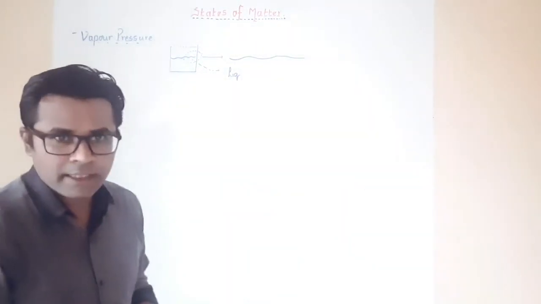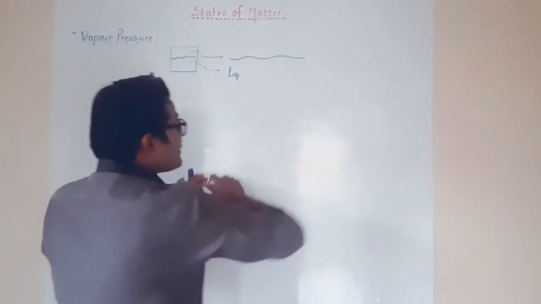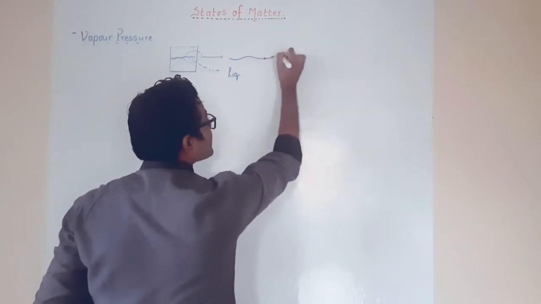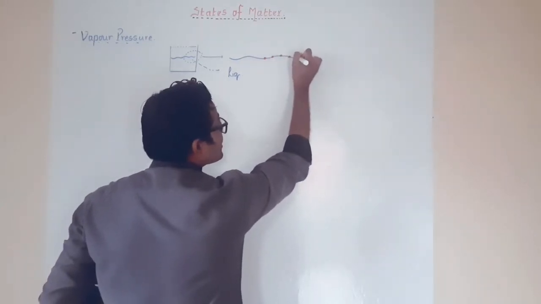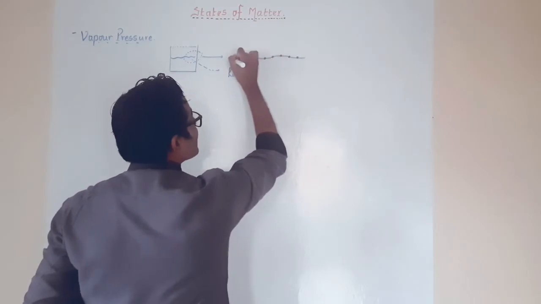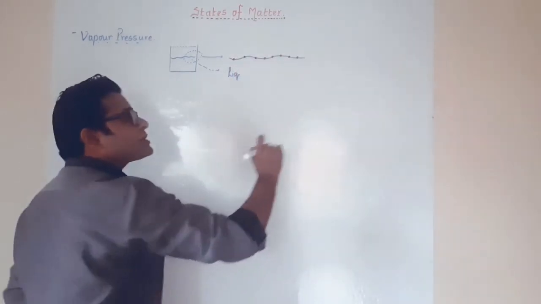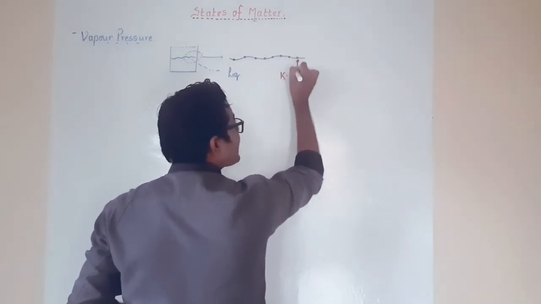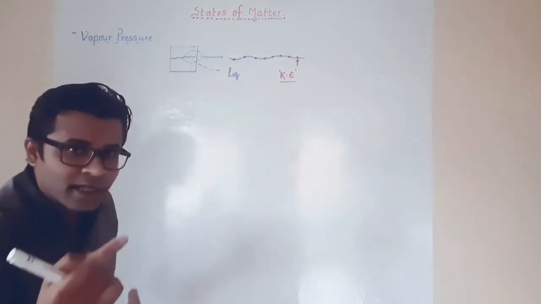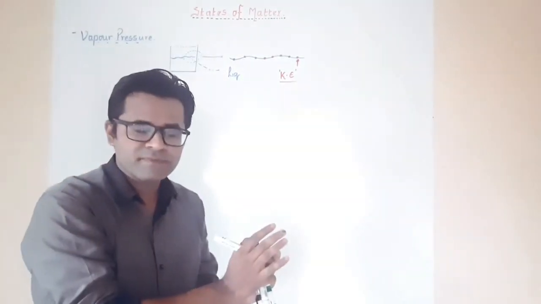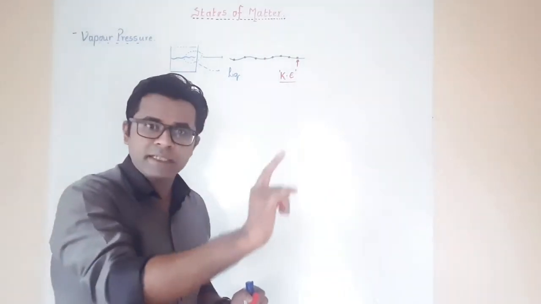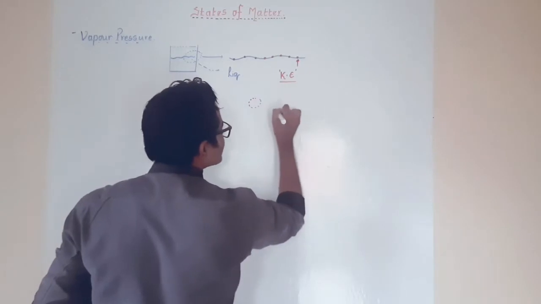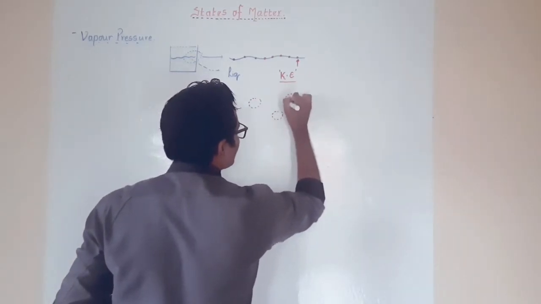We have air. Now, when we take a look at this scenario, the molecules of the liquid which are at the surface have a sufficient amount of kinetic energy in order to overcome the intermolecular forces. Intermolecular forces are nothing more than the forces acting between the molecules.